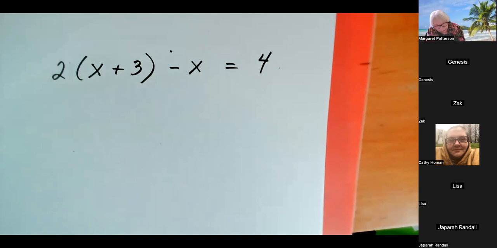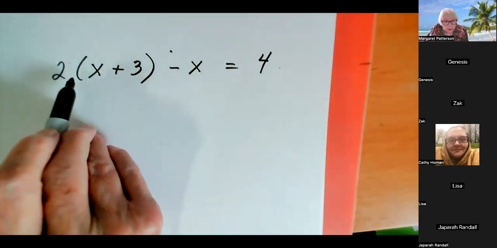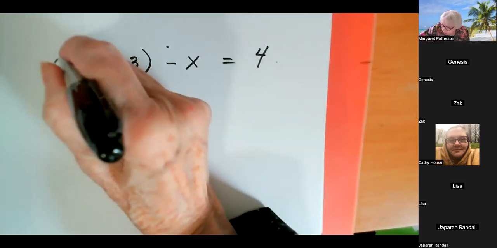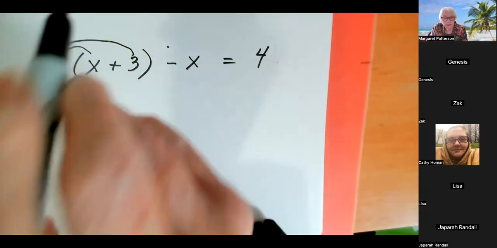Step 1 in solving an equation, which is what we have, and finding the value of x, is to simplify. That's another way to say clean up the mess. Parentheses need to be fixed. So we're going to do just the way we were taught.